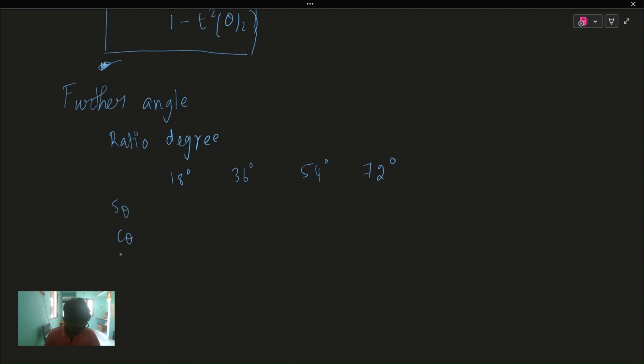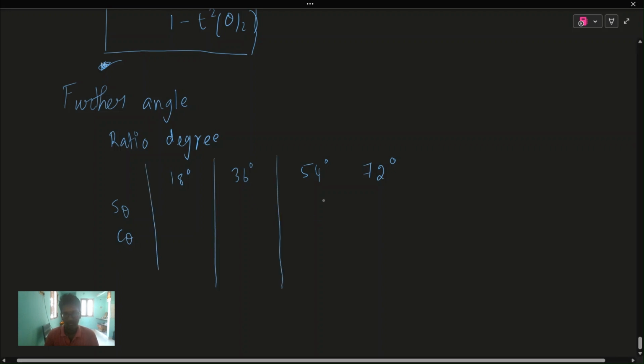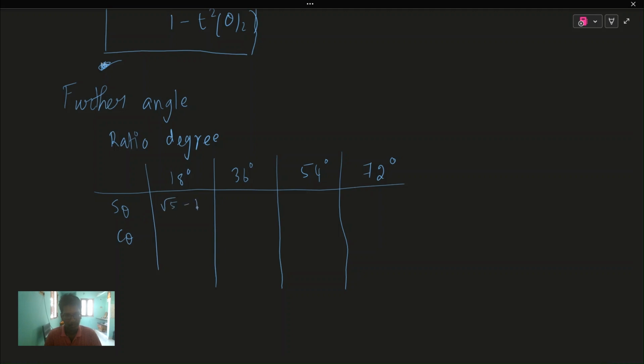Theta, sin theta, cos theta. Sine 18 is root 5 minus 1 by 4. Same way, cos 72 is root 5 minus 1 by 4.